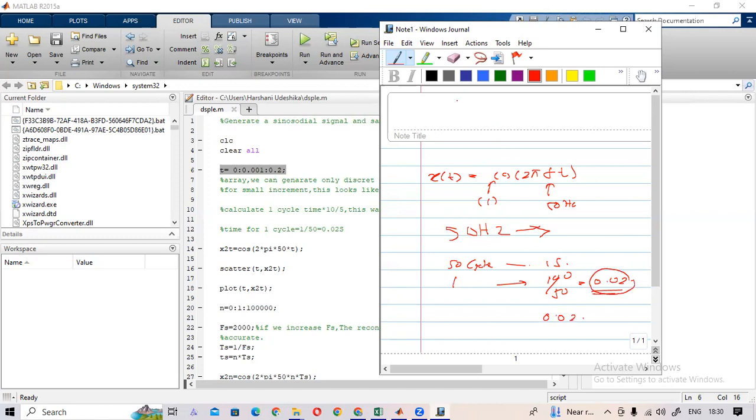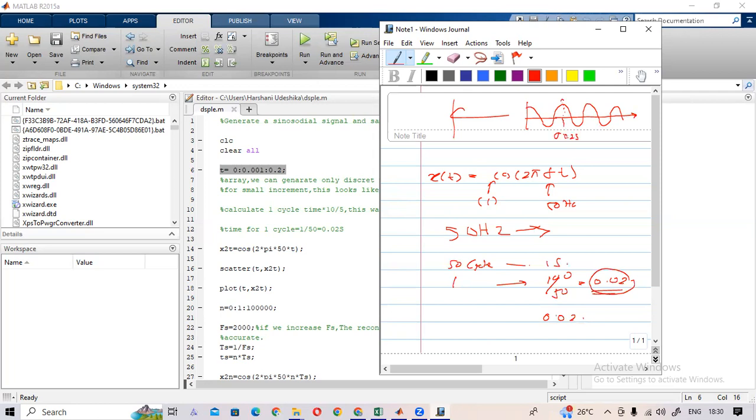So when you draw the signal, the cosine signal is like this. This is one cycle. This time is 0.02 second.